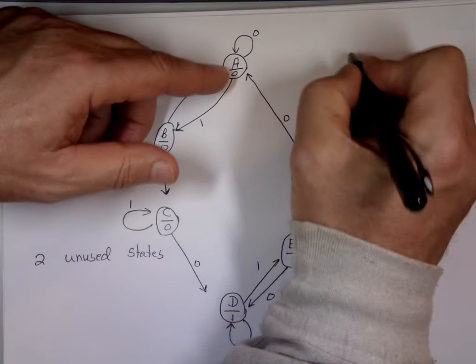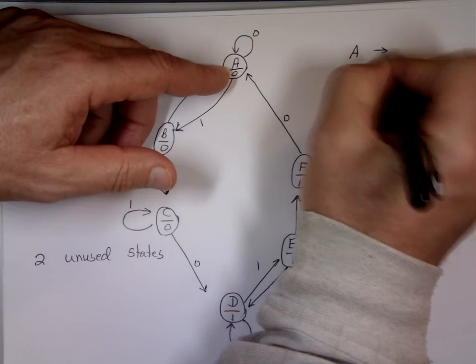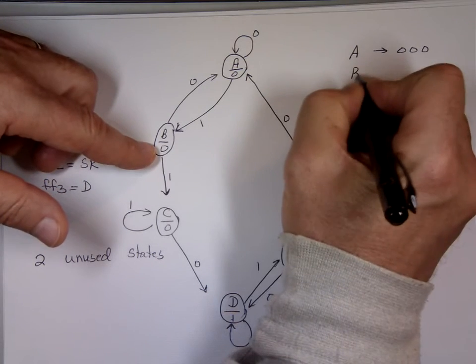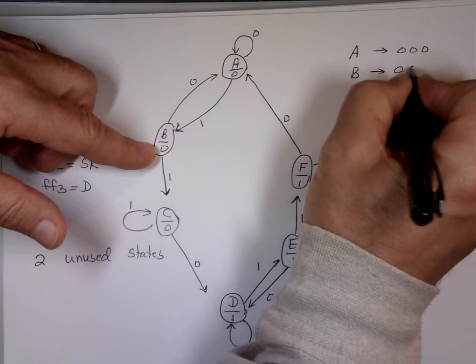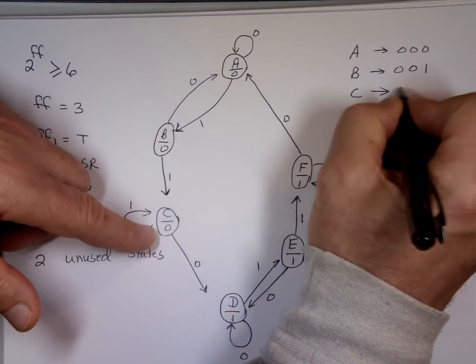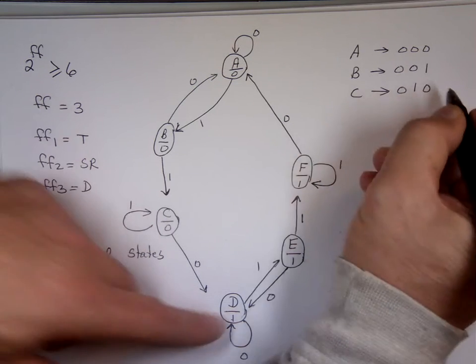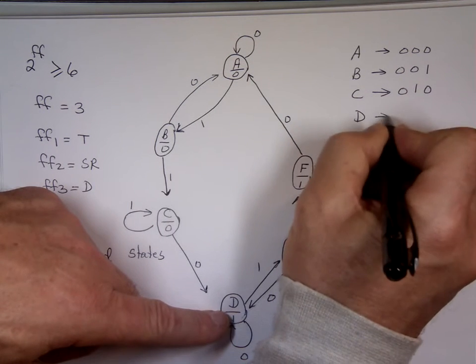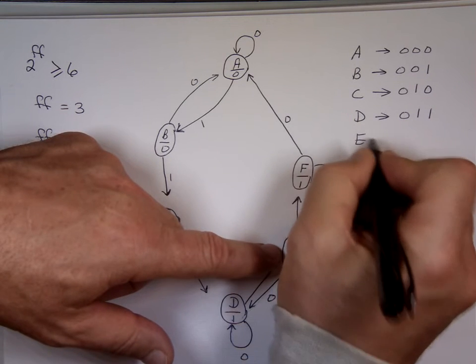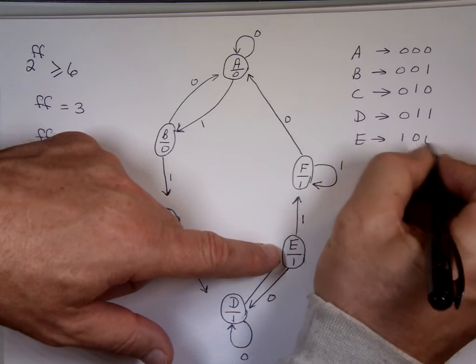Notice I can label state A as my 0, 0, 0. State B as my what? 0, 0, 1. State C as my 0, 1, 0. State D as 0, 1, 1. State E as 1, 0, 0.